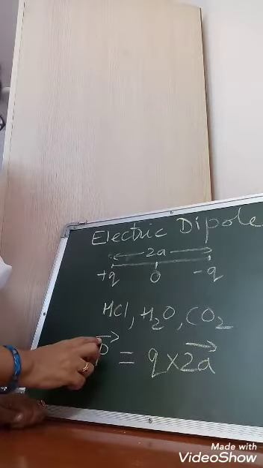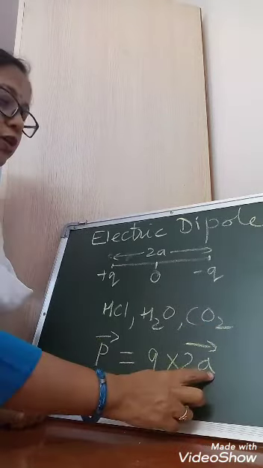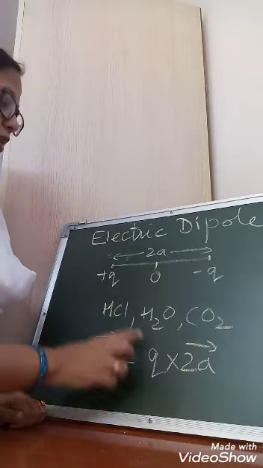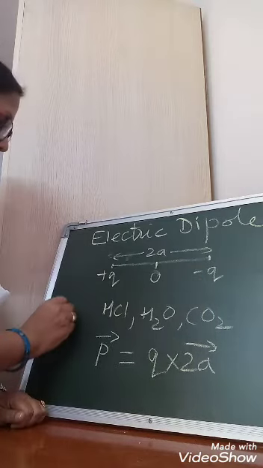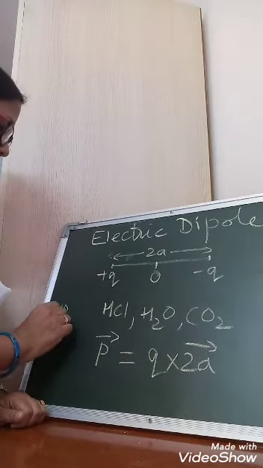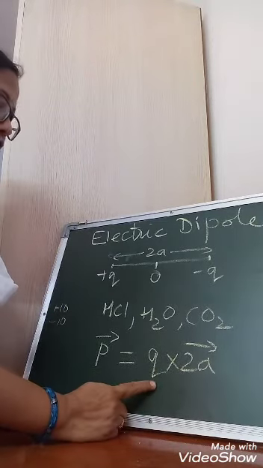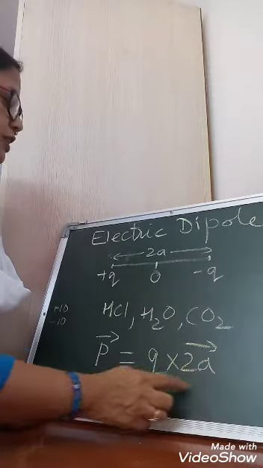Here I have drawn p as a vector and 2a also as a vector, and charge q is a scalar. You can take either charge because the charges are of equal magnitude, say plus 10 and minus 10, so only the magnitude we have to consider. So it becomes the product of either charge and the distance between them.